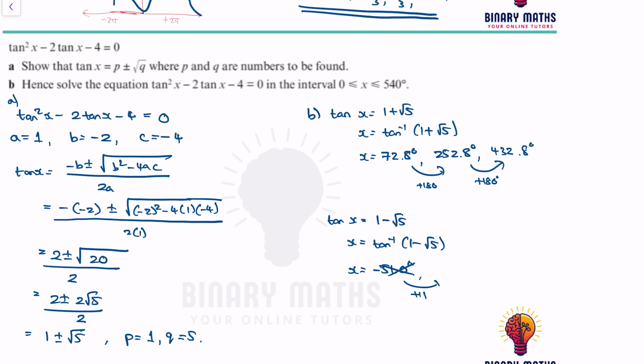So I need to add 180 to get the next one, which is 129.0 degrees. If I add 180 again, I get 309.0 degrees. And if I add 180 degrees again, I get 489.0 degrees. If I add 180 again, I'm going to go outside.